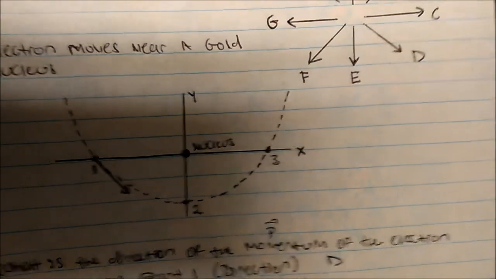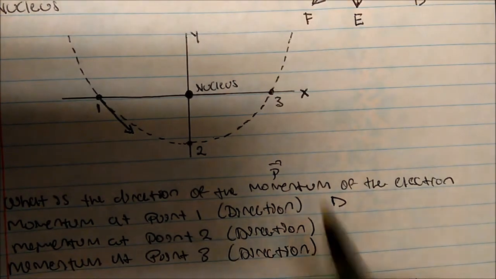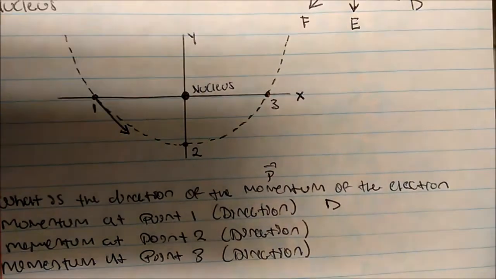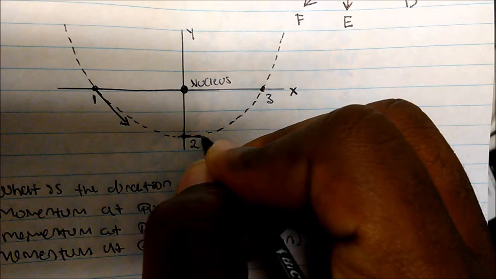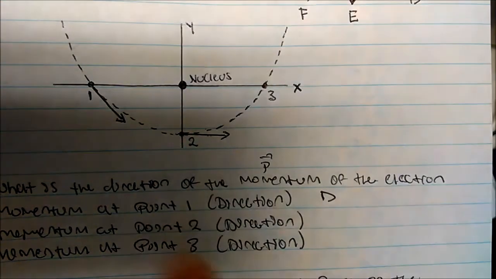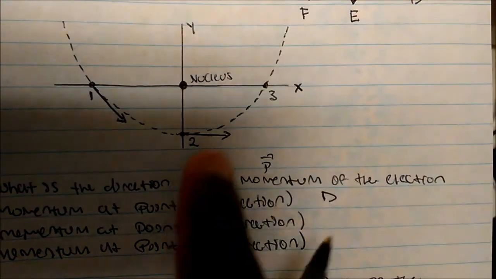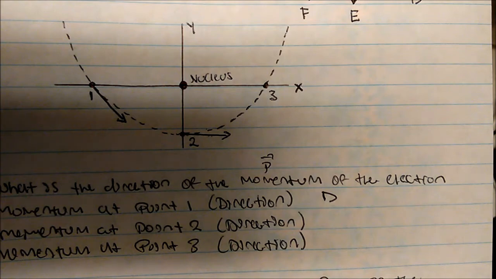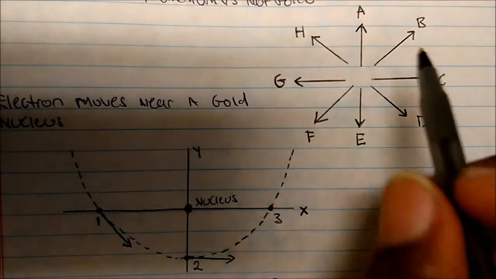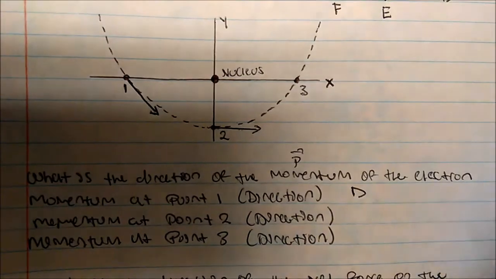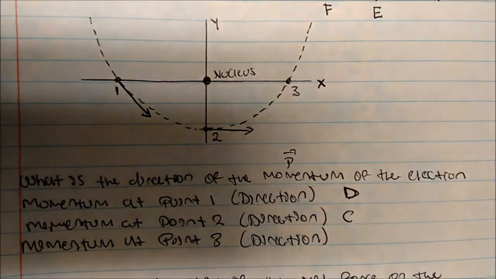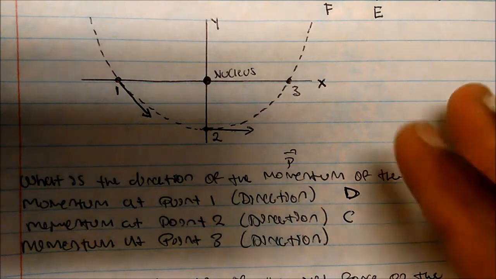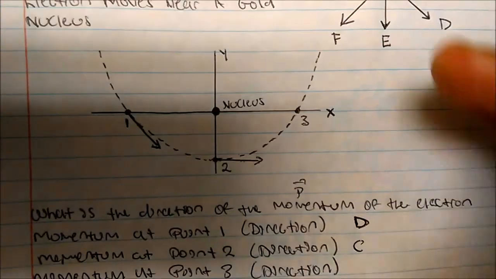At point two, what would be the direction of my momentum? Well, it's always tangential to the motion, so at point two, my momentum is going straight along that. This looks like it represents C. Now, what about point three?